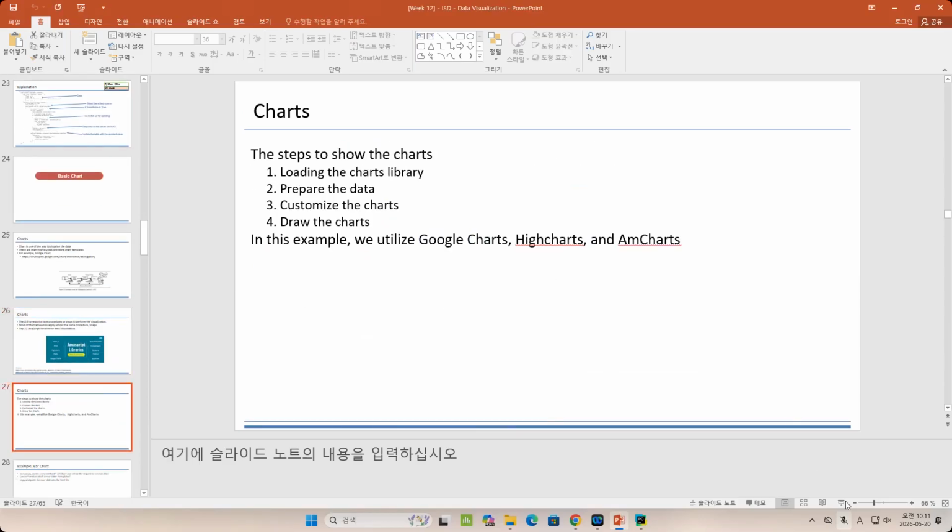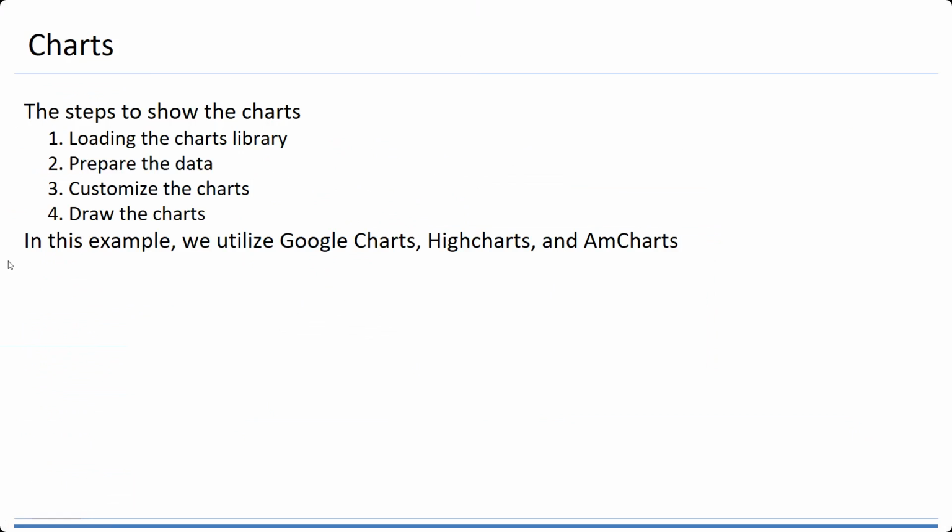The steps to get the chart: first, we need to load the chart library. So what kind of framework do you use? It depends on the chart, and you need to select the library, for example, JavaScript. So we already learned using the CDN, the Content Delivery Network.